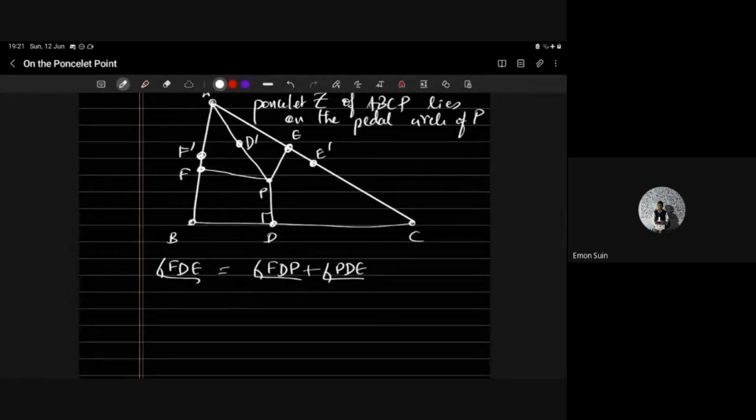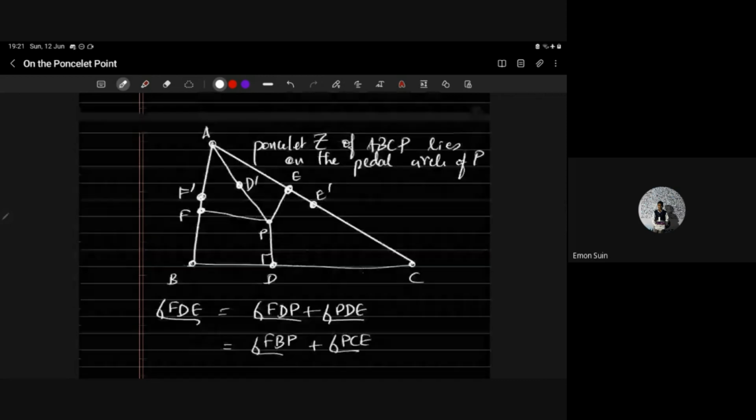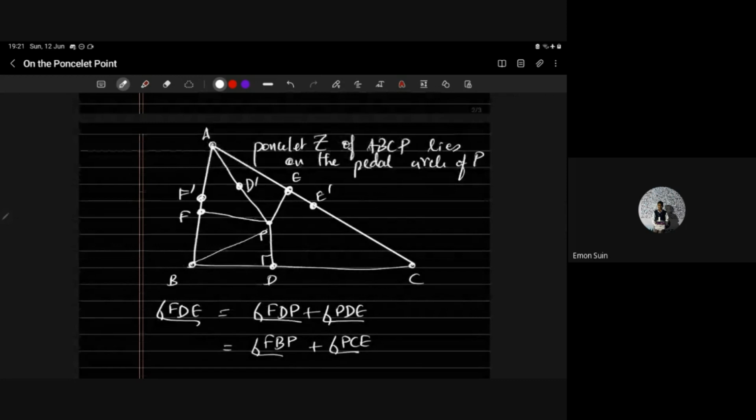Now again, angle chasing. Angle FDP equals angle FBP, and angle PDE equals angle PCE. I'll just draw it. I'll do one side. You have this angle equals this angle. We can use the midpoint theorem and shift this angle to this angle.